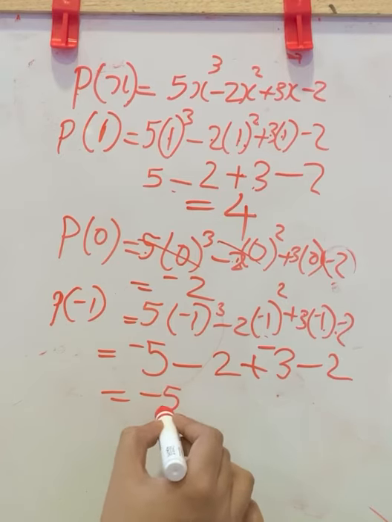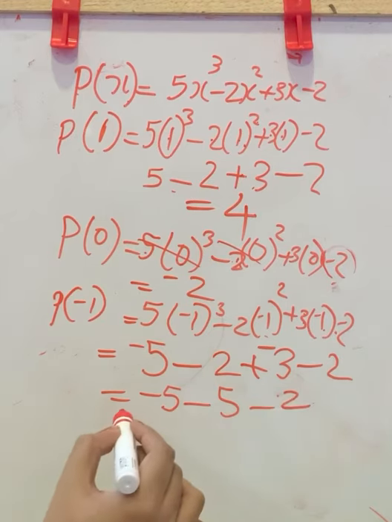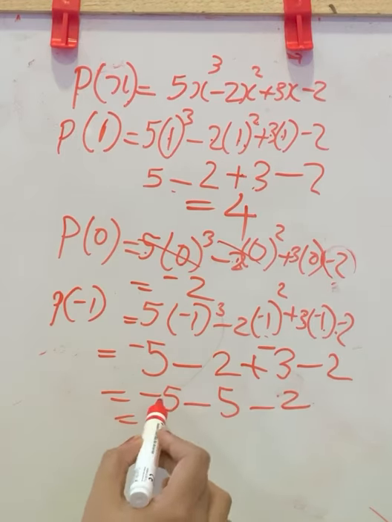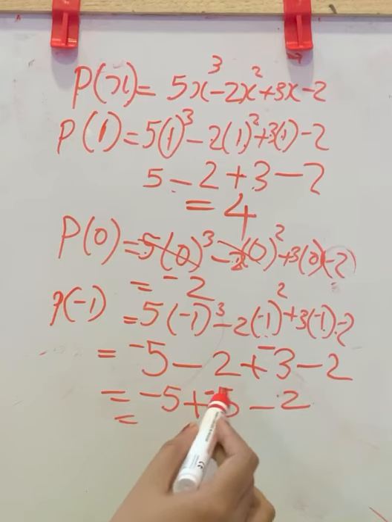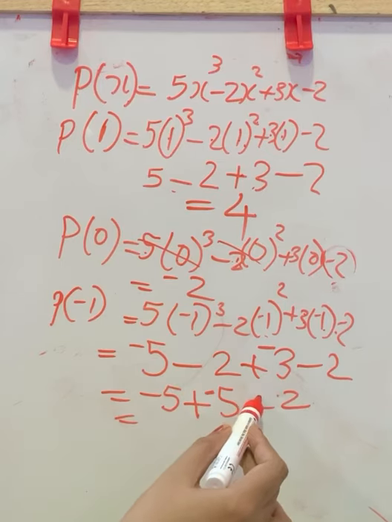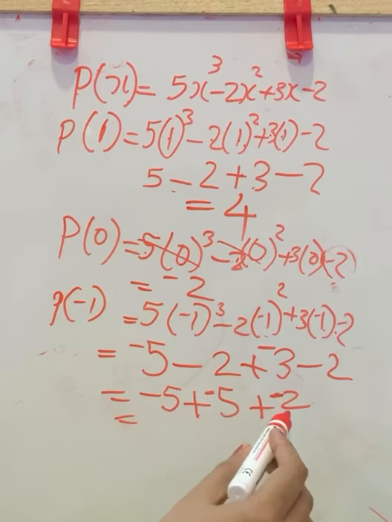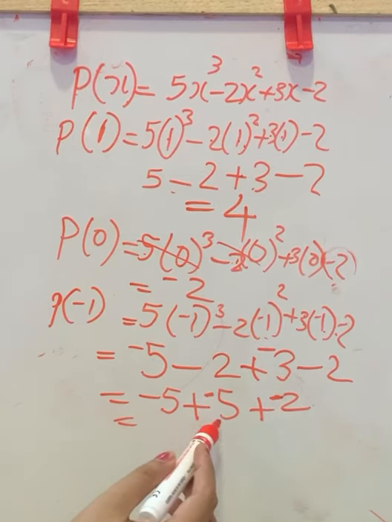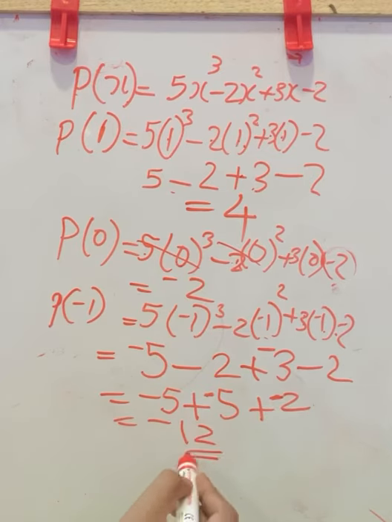So negative 5 minus 2. Then it becomes negative 5 minus 5, which is negative 5 plus negative 5, and this also becomes addition with the sign of the next number changed. So this is all addition of negatives: negative 5 plus negative 5 plus negative 2 is negative 12.